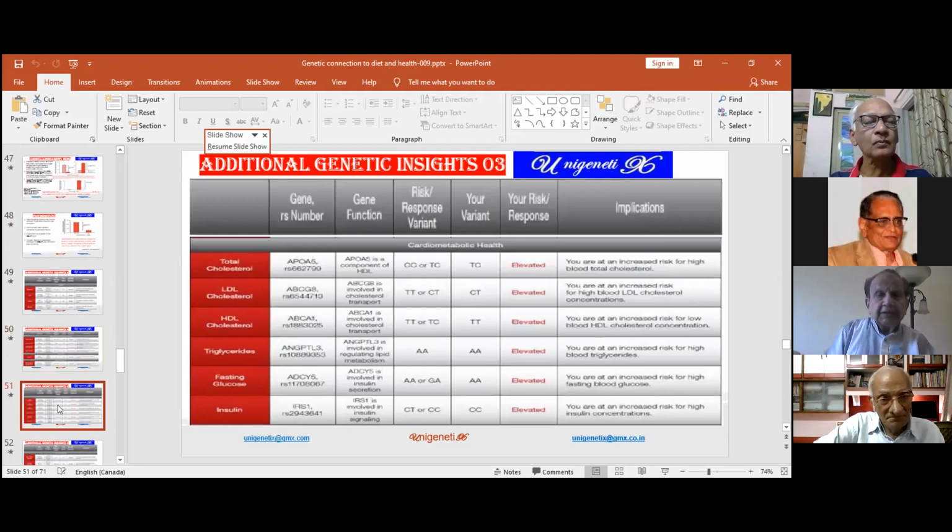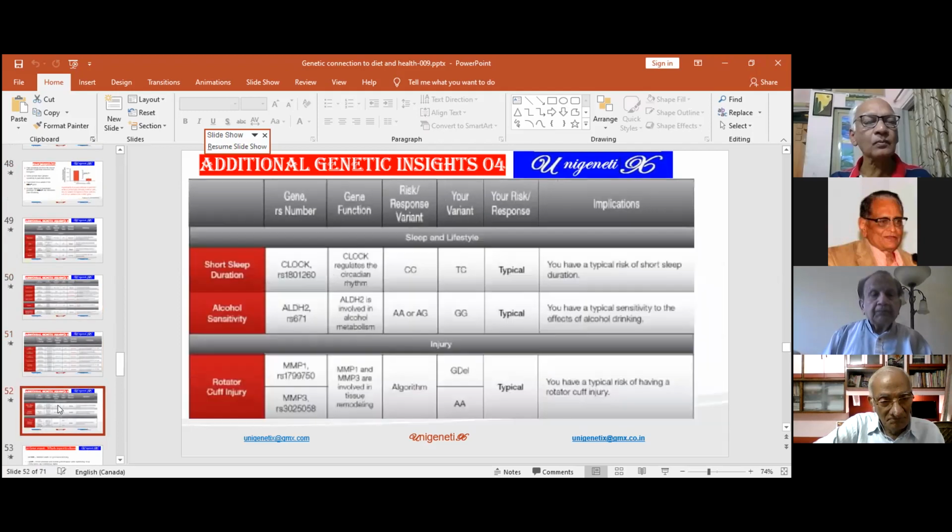When you look at this, total cholesterol, LDL cholesterol, HDL cholesterol, triglyceride fasting, and you've got a list of the genes involved, what is good, what is the variant, and things like that. I haven't got any more details of these ones, but I'm informing you that there exist studies on their sleep and lifestyle, injury related.